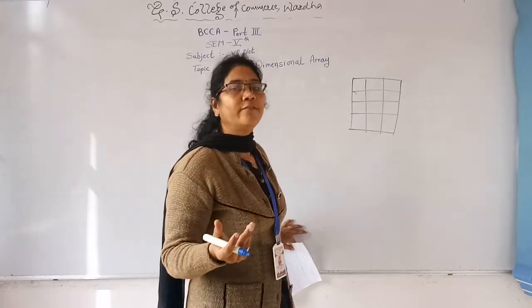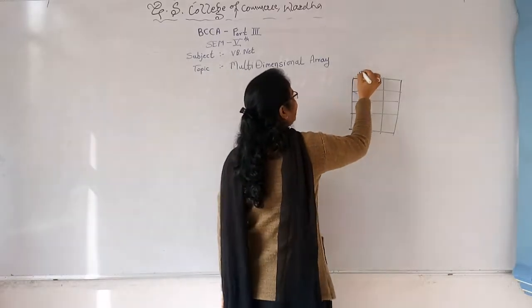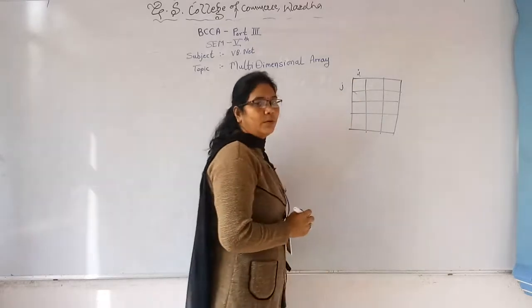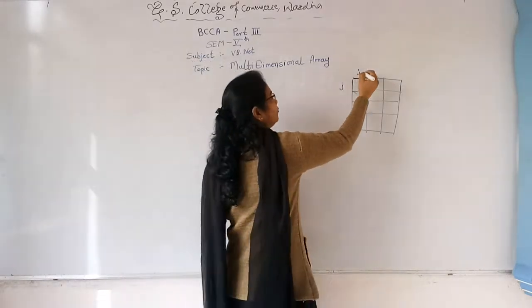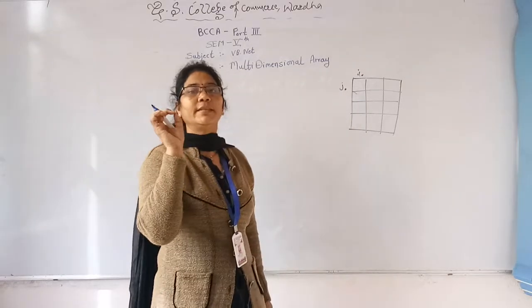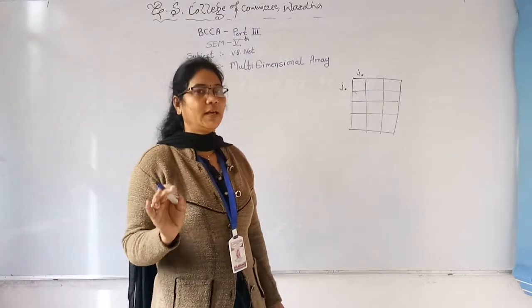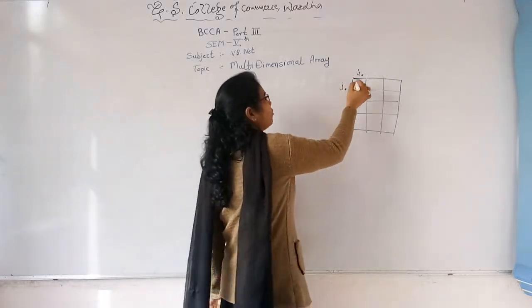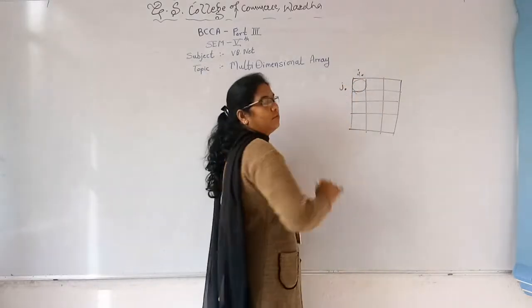So how can we refer to it? We refer to it by i and j. So the value of i is 0 and j is 0. That means it is nothing but the index value of the multi-dimensional array, which stores the value in that particular cell.